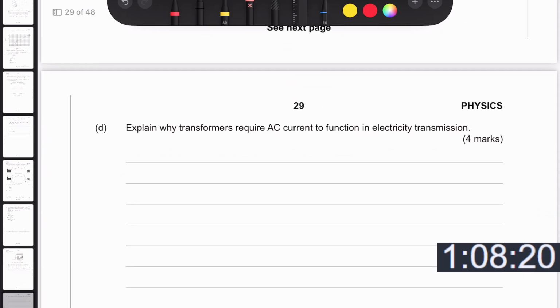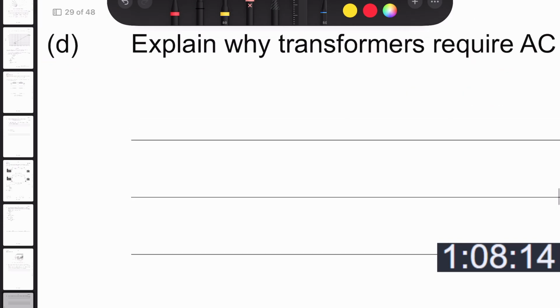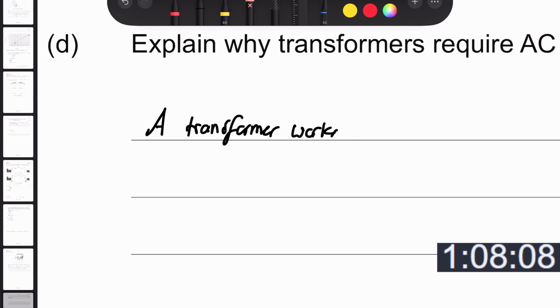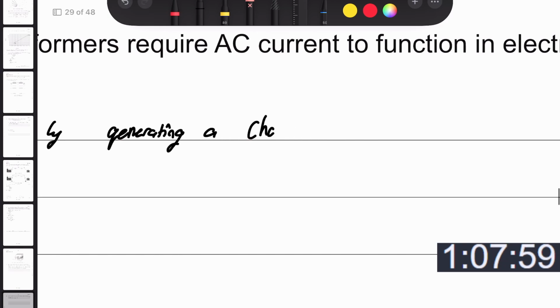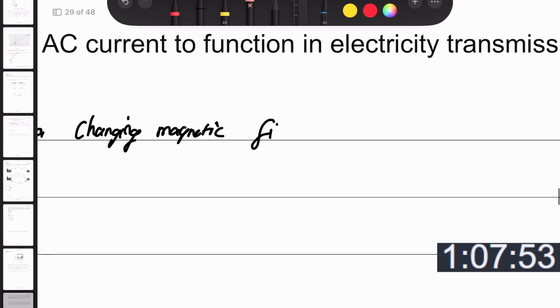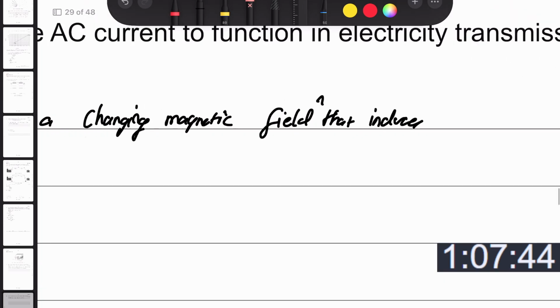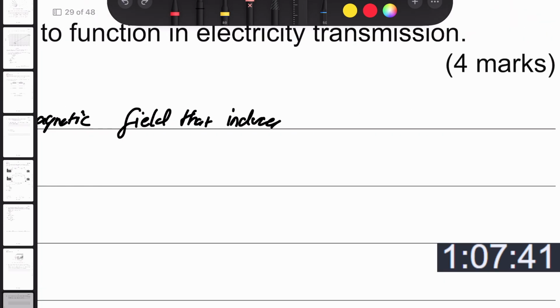Explain why transformers require AC current to function in electricity transmission. A transformer works by generating a changing magnetic field that induces an EMF in the second coil.